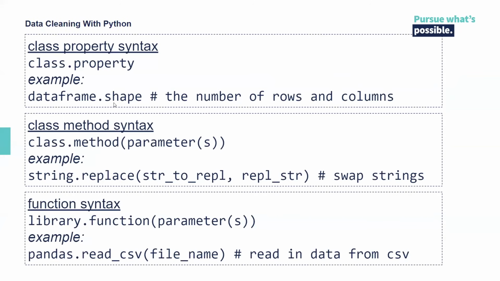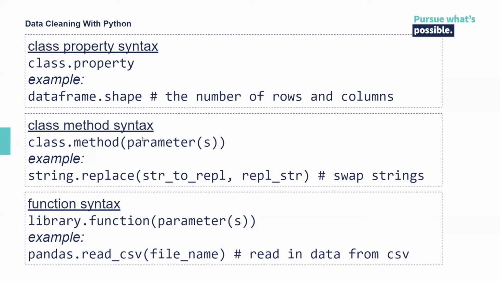For example, if we have a data frame object that's in the class DataFrame, we can get the number of rows and columns in that data frame if we say name of the data frame dot shape. That's going to return a tuple that has the number of rows and the number of columns in that data frame. So that's how we can get properties.